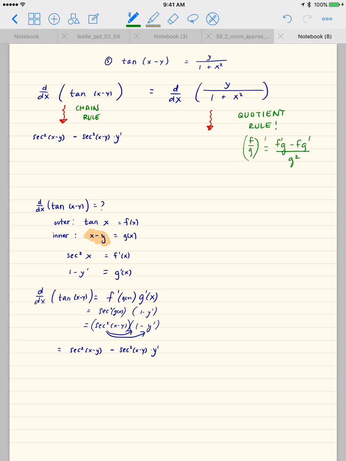I derived it on the last one. But I just want to verify, what is the quotient rule?